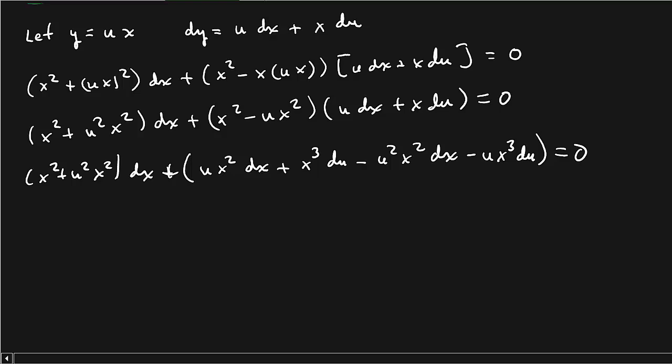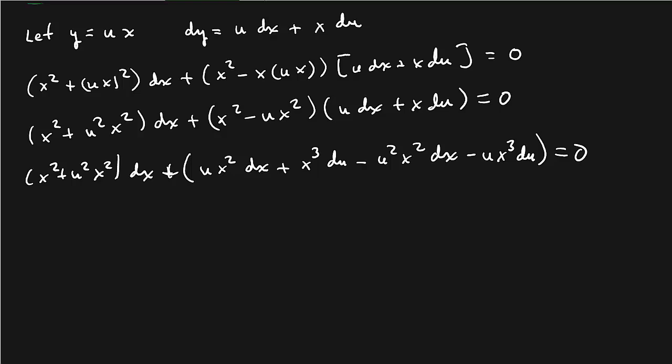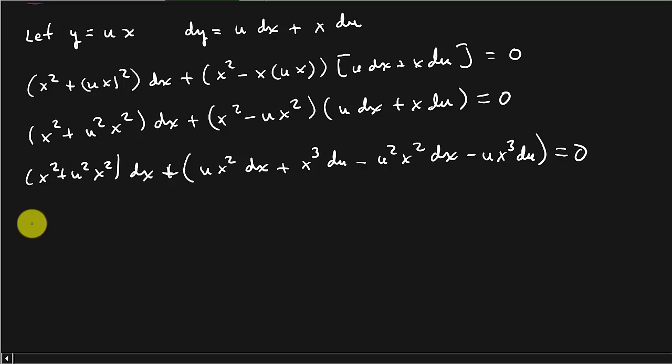So let's go ahead and group these terms together. So I can write this as x squared plus u squared x squared plus ux squared minus u squared x squared, dx. So basically what I did, you see the dx here and the dx here.